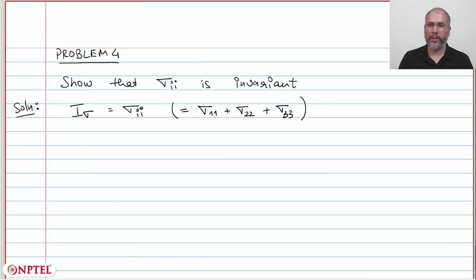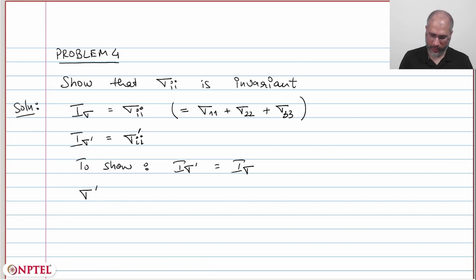Now when we rotate the coordinate system, let us say we get the primed coordinate system. So in that we get a sigma ij prime. So this quantity becomes sigma ii prime, which we'll call I sigma prime. And what we have to show is that the invariant, I sigma prime, is equal to I sigma. So let's start with the left hand side.